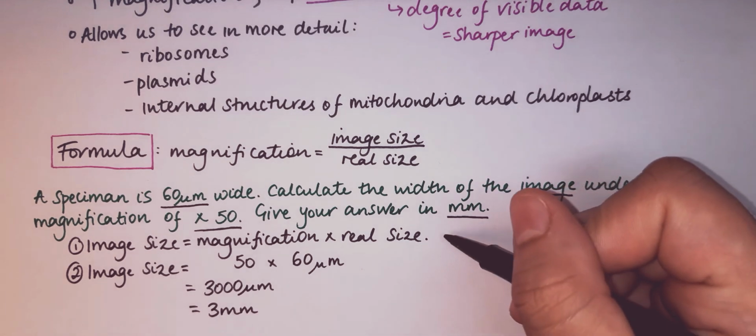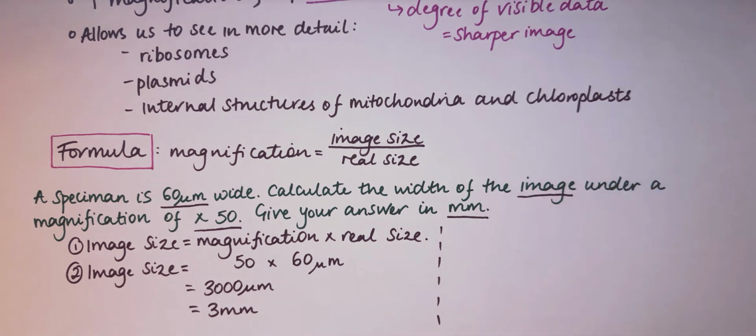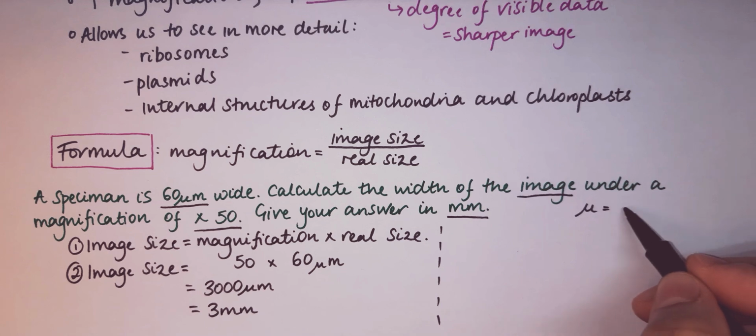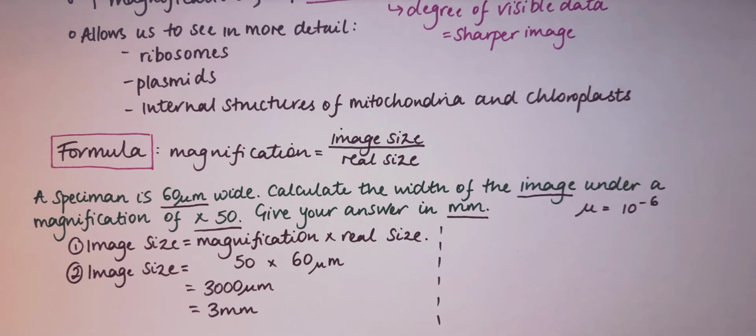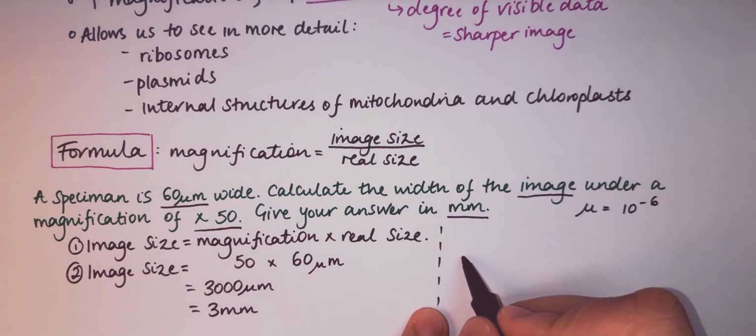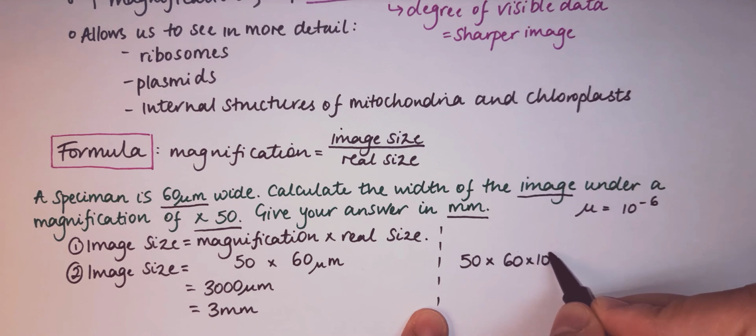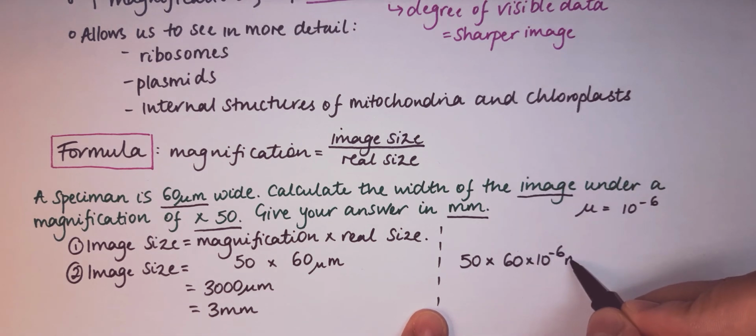Now there's another way we could do this exact same question, but in this step here, we've already converted the 60. A micrometer is equal to 10 to the power of minus 6 meters. So what we could do instead is write 50 multiplied by 60 times 10 to the minus 6, and this is in meters.